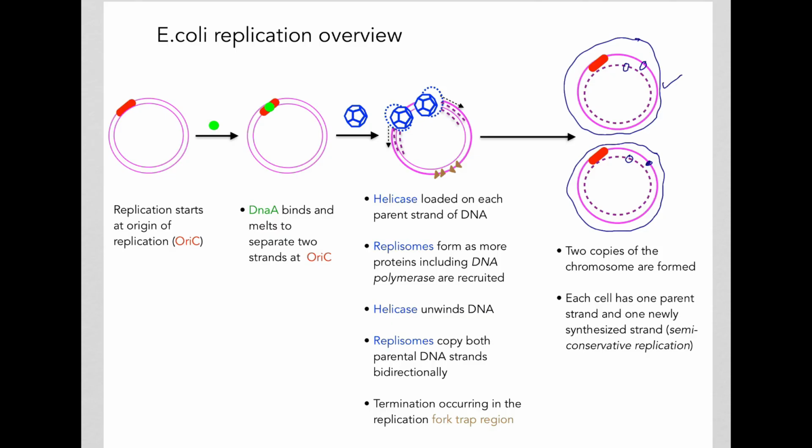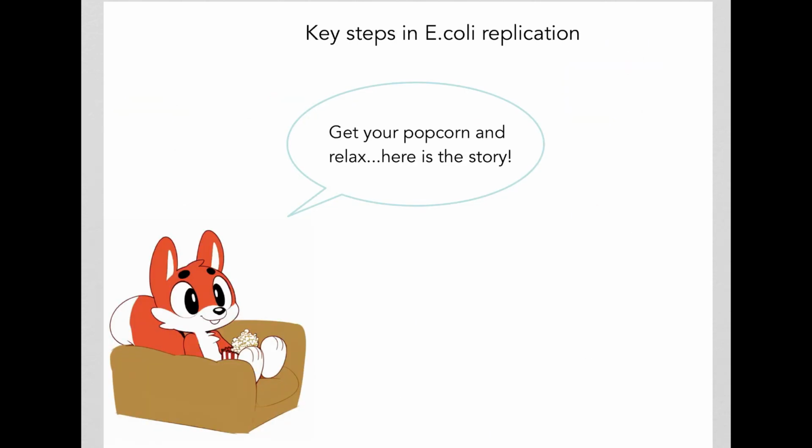So each cell will have a parent strand and a newly synthesized strand. Similarly, the other cell will have a parent strand and a newly synthesized strand. So this is called semi-conservative replication.